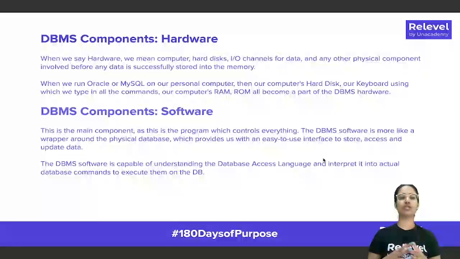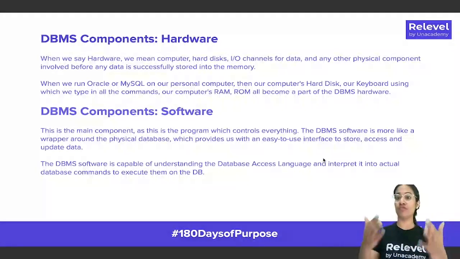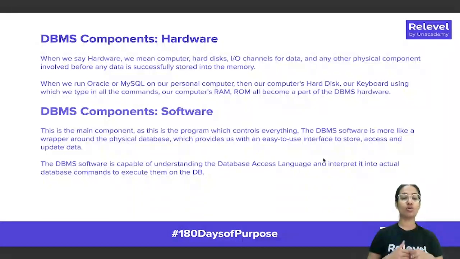So now you are using a database management system software, okay? But to access or to do queries on the database, you will use your keyboard, right? The software, you have installed that software, so it's going to take up some part of your computer memory, right? You are going to store some part of it in your computer's hard disk as well, right? So all of these become DBMS hardware, okay?